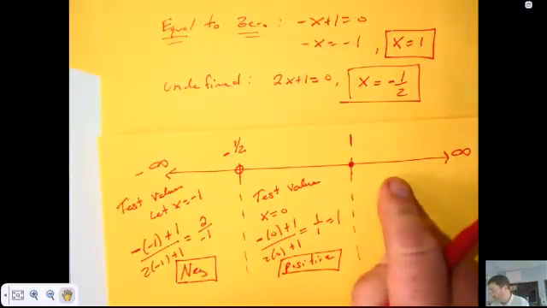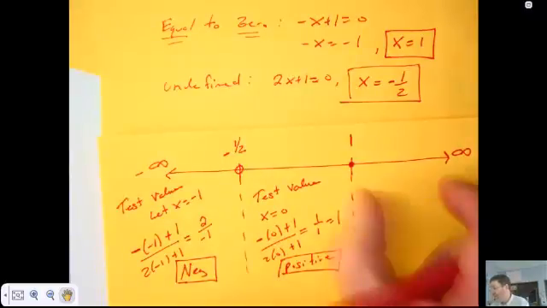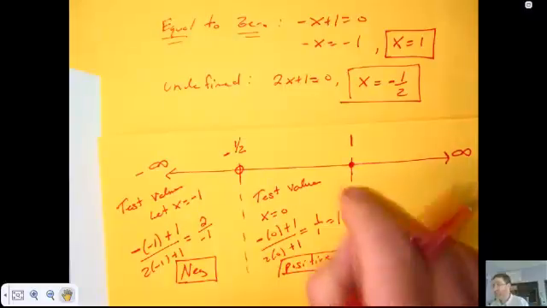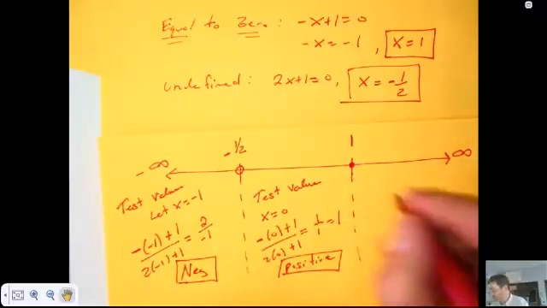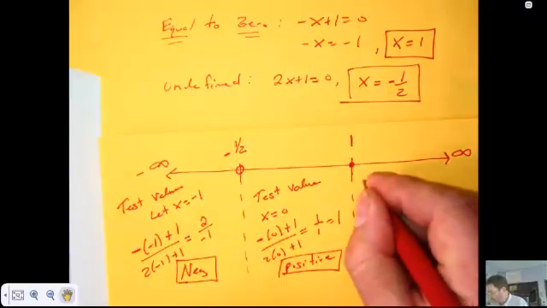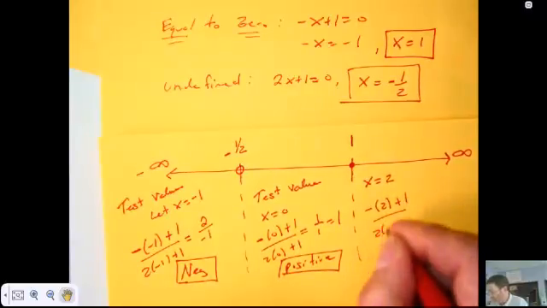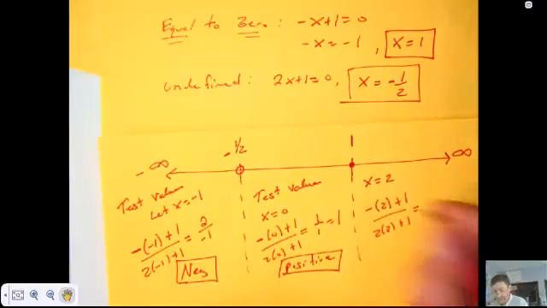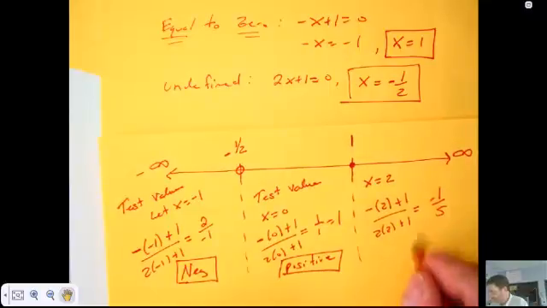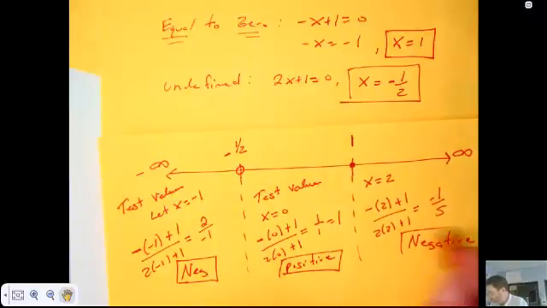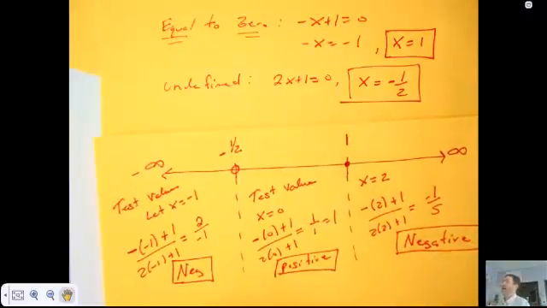Didn't you use 1? Well, no, because we want to have something in the interval. 1 is a solution, we'll see what happens in the interval. Something in that interval, and 2 would be a good choice. So we'll let x equal 2. So we have negative times 2 plus 1 over 2 times 2 plus 1. It's going to clearly be negative. And remember, on these test intervals we don't care about the actual value. All I care about is positive or negative. So just calculate as much as you need to figure that out.